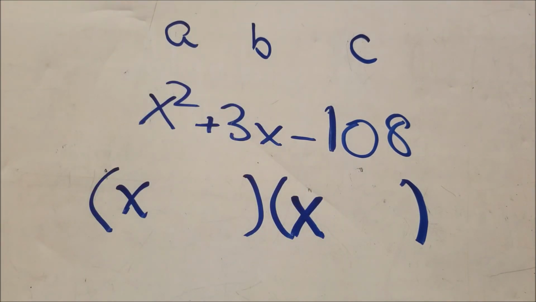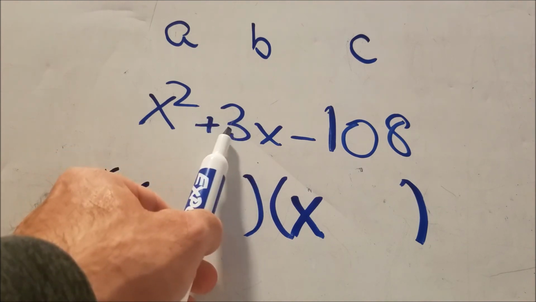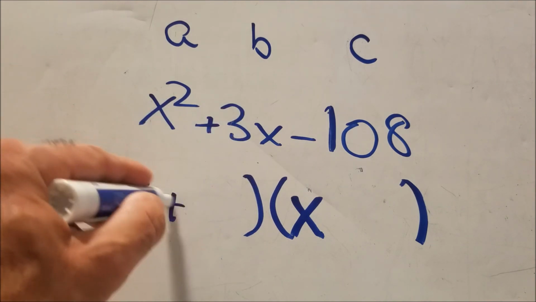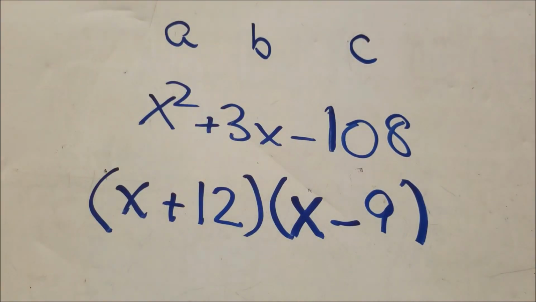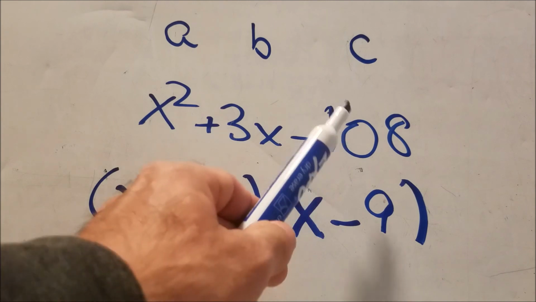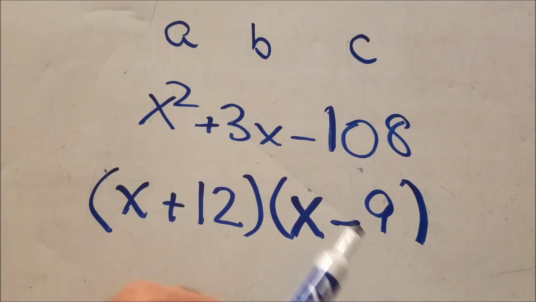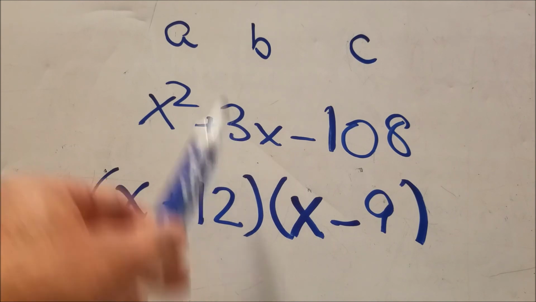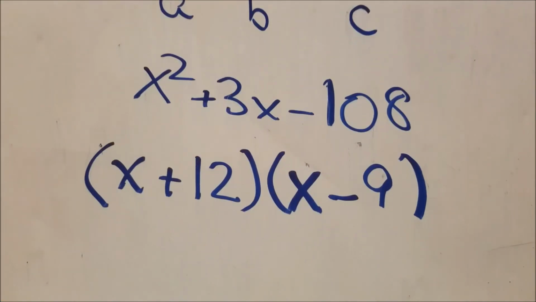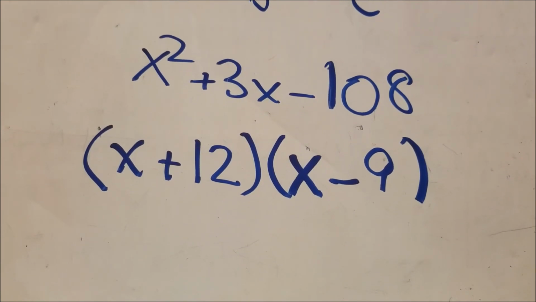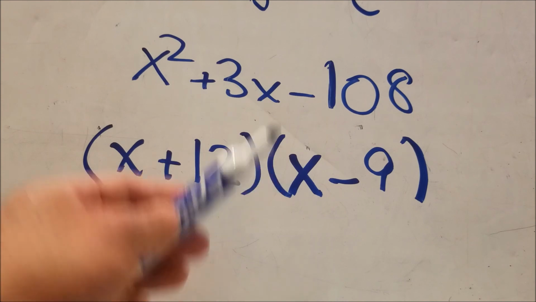Now we have to be careful because we want a positive 3, so we need the 12 to be the positive number and the 9 to be negative, because 12 times negative 9 is negative 108, and 12 plus negative 9 gives us 3. So there it is. We just factored that, and we can get the roots if we want. We know x is negative 12 and x is 9, right?